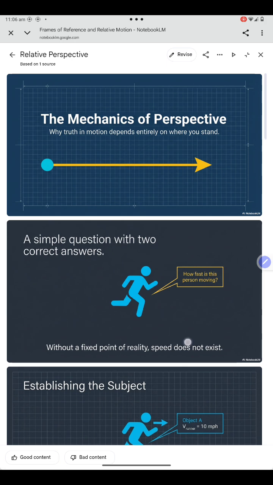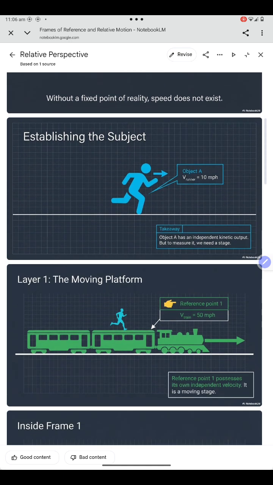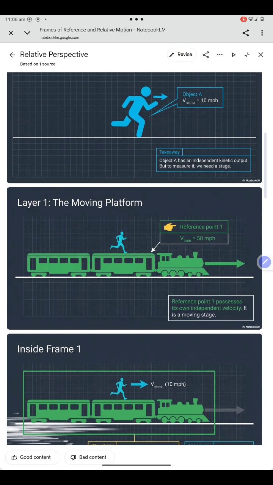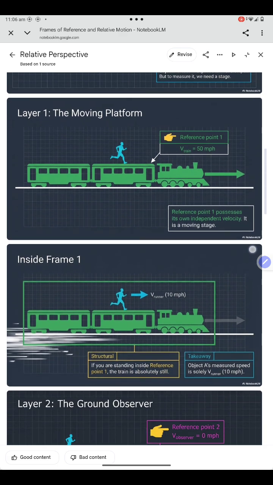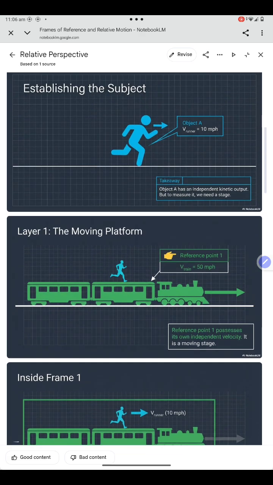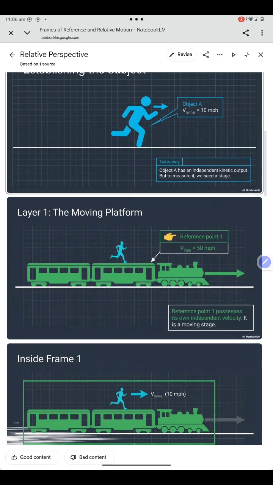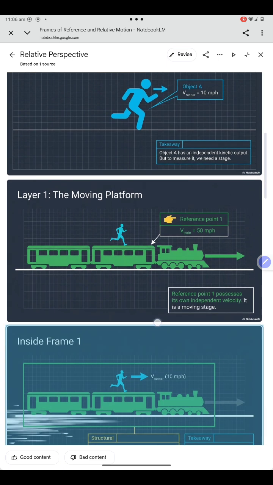For a person who is running at a speed of 10 miles per hour on the train, the total speed of the train and the man considered would be 60 miles per hour. Here it is showing the man is running at the speed of 10 miles per hour. A train is at 50 miles per hour.